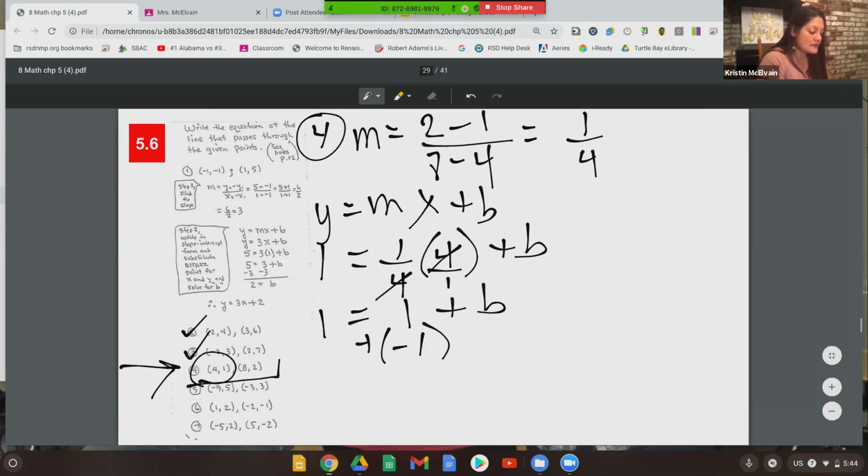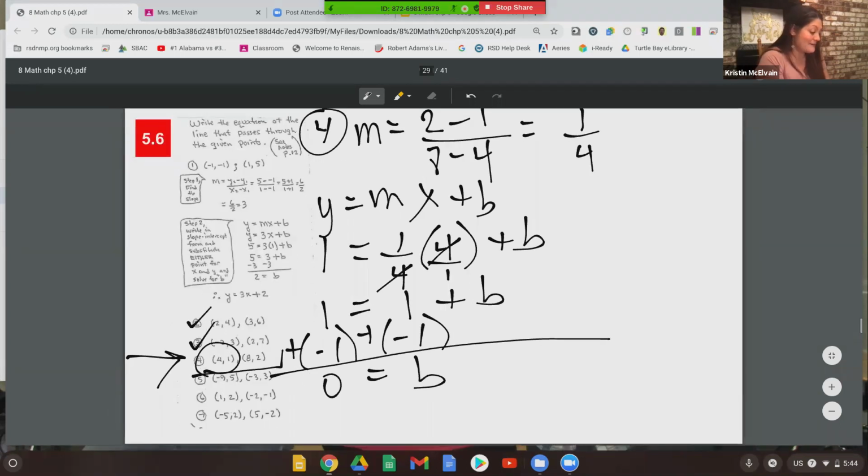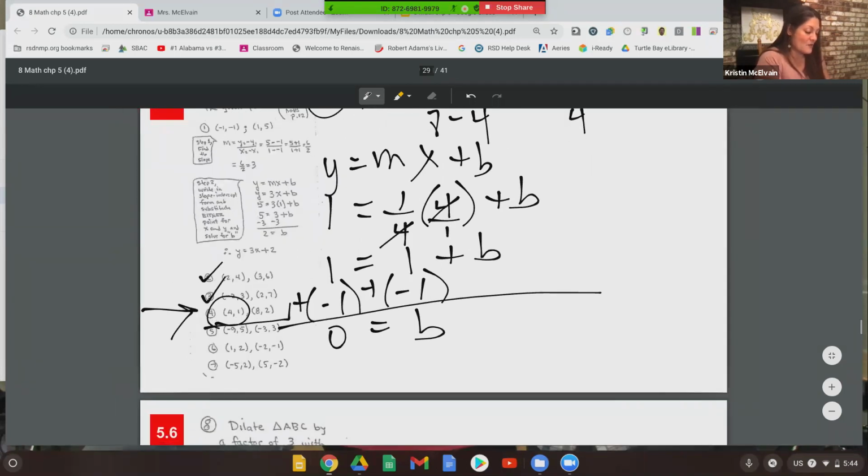Add the opposite, gives me 0 for my b again. So now I'm going to have y equals 1/4 x. You can either leave that as 1/4 x, or if it helps you to know your y-intercept is 0, you can put that in there.